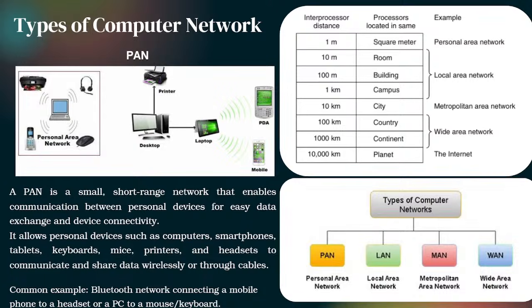So for the time being, when the question is related to what are the types of computer network, remember majorly there are four: personal area network, local area network, metropolitan area network, and wide area network.